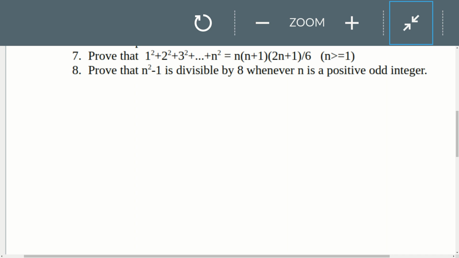That'd be 2n cubed plus n squared plus 2n squared plus n. So we would do 2n cubed plus 3n squared plus n over 6. We got it.